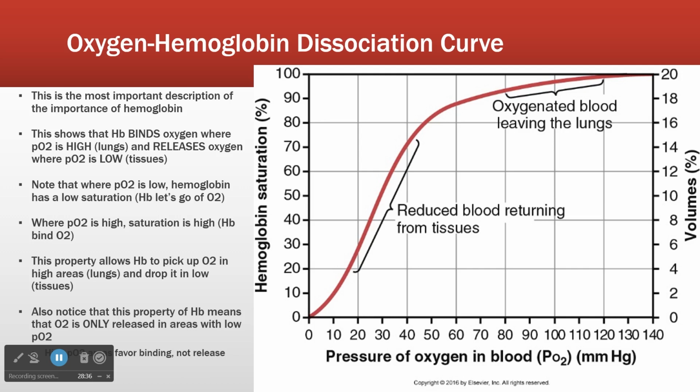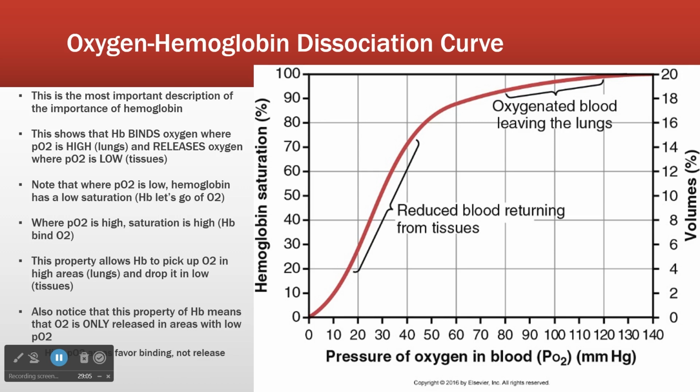So we have a molecule that behaves differently in low oxygen areas than it does in high oxygen areas, right? That's essentially what this inflection point is showing you: when we have lots of oxygen, hemoglobin is sort of greedy. When we have very little oxygen, hemoglobin is very charitable. It dumps oxygen very easily, okay?